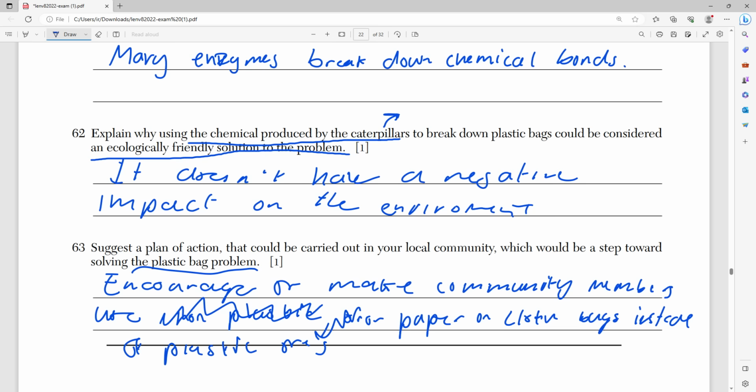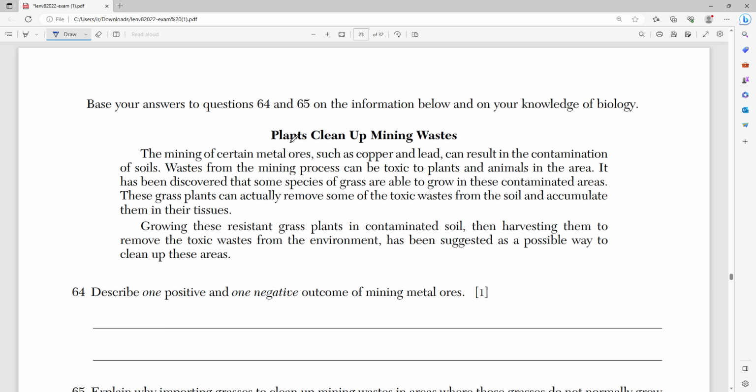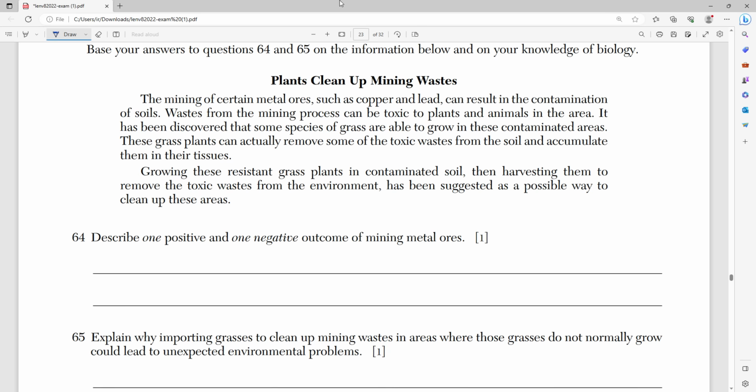So you could encourage or make community members use paper or cloth bags instead of plastic ones. That's all. Right, so number 64 and 65, based on the information below.